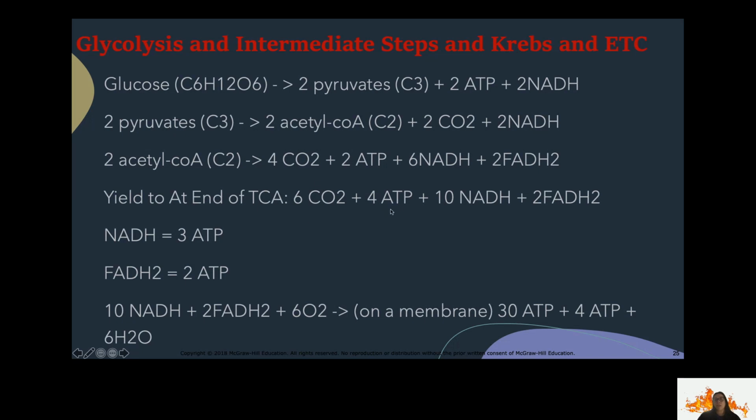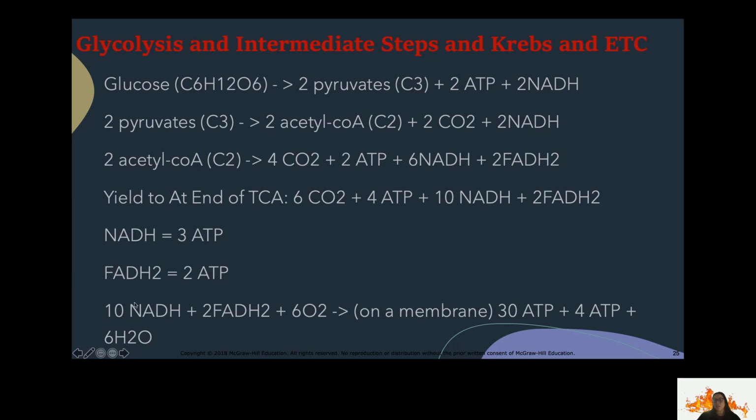Now you've produced 4 ATPs to this point, but what's really going to yield the most energy going into the electron transport chain are these electron taxicabs. For every NADH you have, a cell can make approximately 3 molecules of ATP in that electron transport chain. For every FADH2, it can make approximately 2. So since there were 10 NADHs and 2 FADH2s, if you go through the electron transport chain, you need a little bit of oxygen right here to serve as the proton receiver, which prevents the cells from getting too acidic.